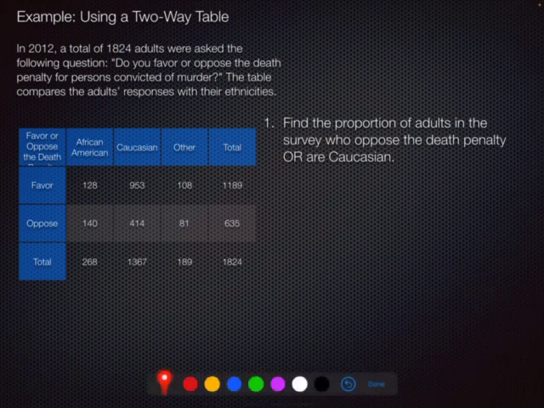So here it is. Find the proportion of adults in the survey. All right, well, we have 1,824 adults who oppose the death penalty or are Caucasian. Well, let's see here.